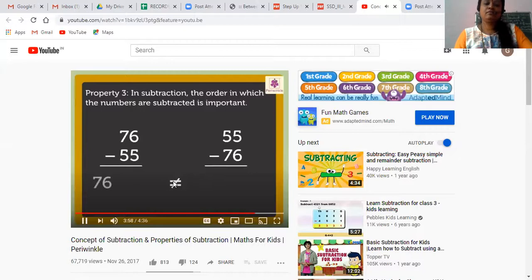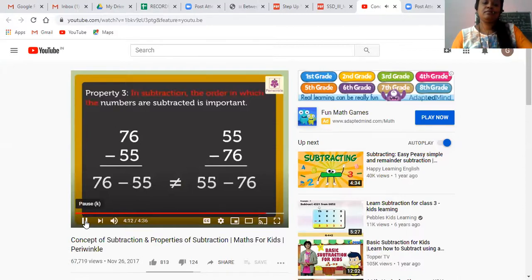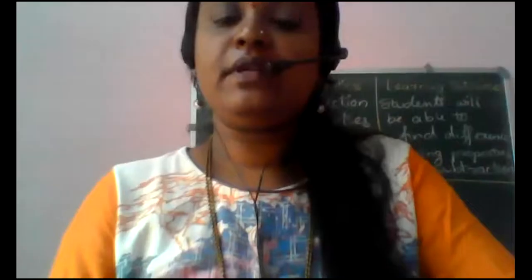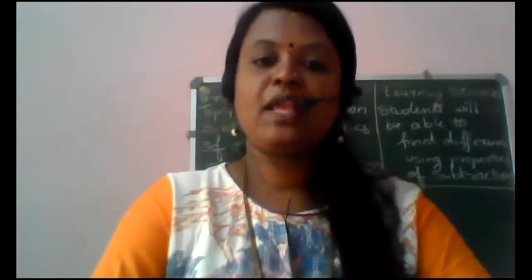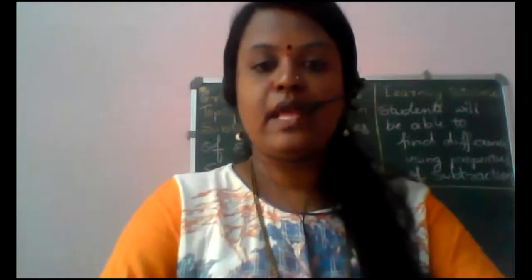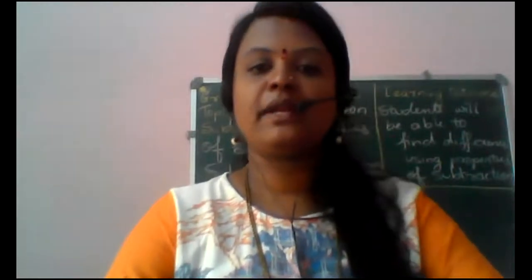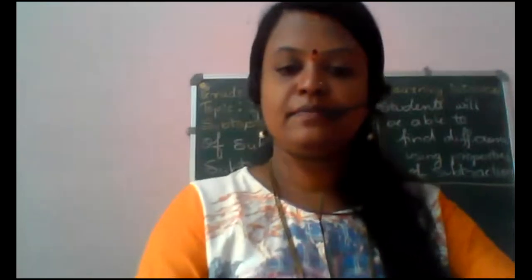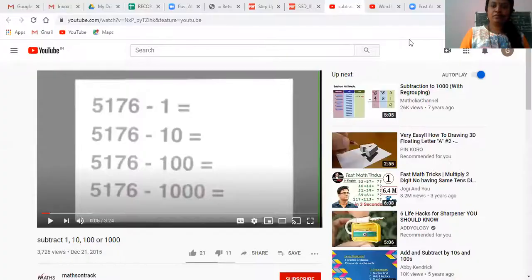That is, 76 minus 55 is not equal to 55 minus 76. Thus, it tells us that in subtraction, the order in which the numbers are subtracted is important. So here we have learned the subtraction properties. Let us learn a few more aspects wherein a number is subtracted by 10, 100 and 1000.